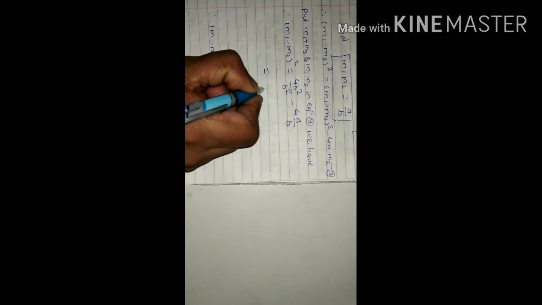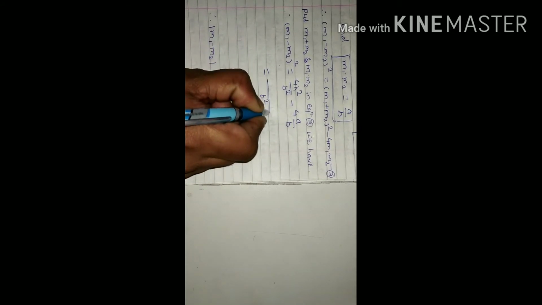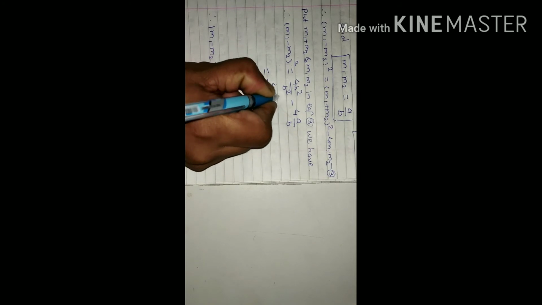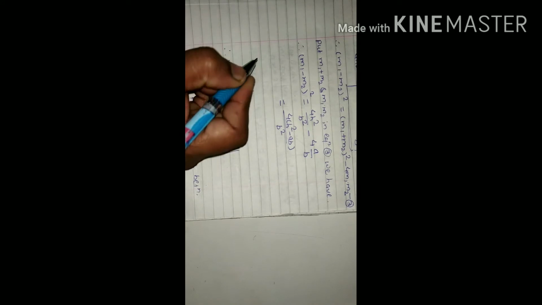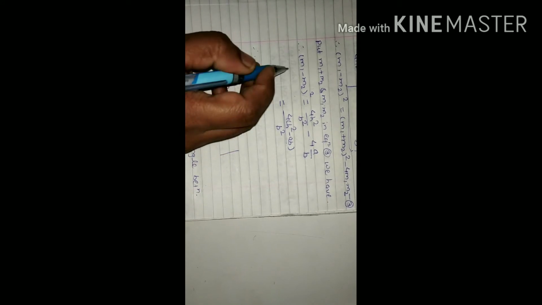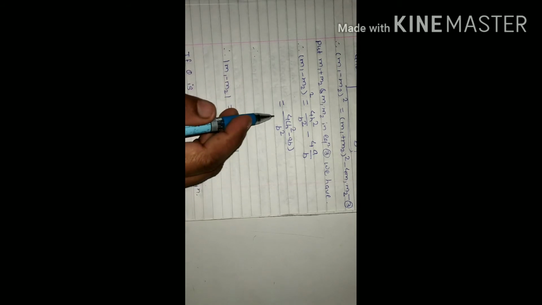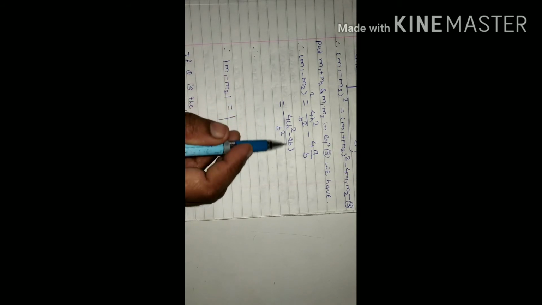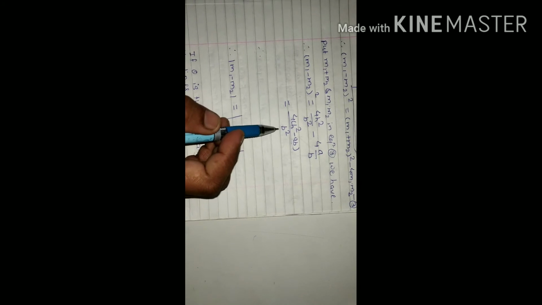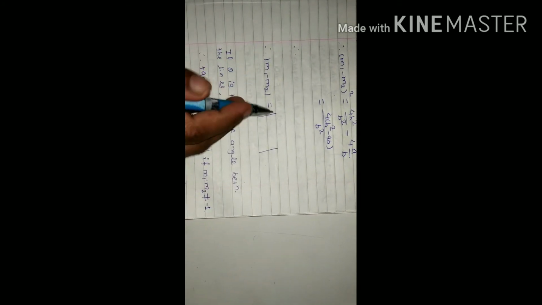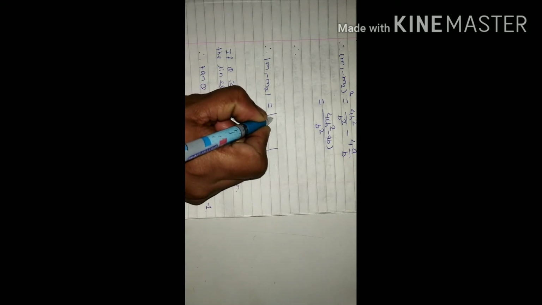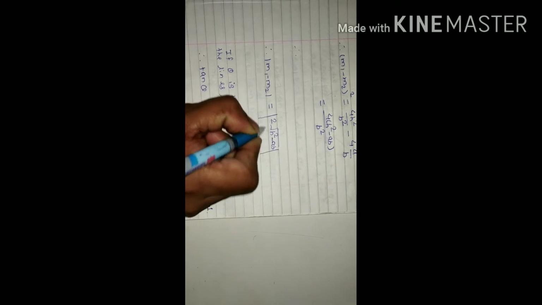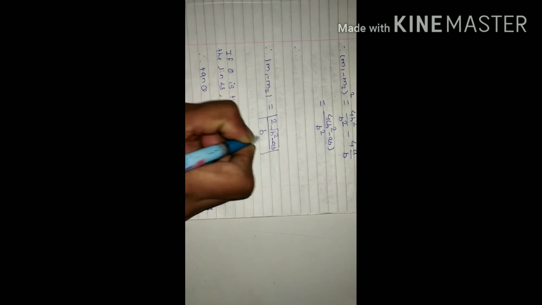Taking b square common, we get 4 into h square minus ab divided by b square. Taking the modulus, m1 minus m2 is equal to 2 into under root h square minus ab divided by b.